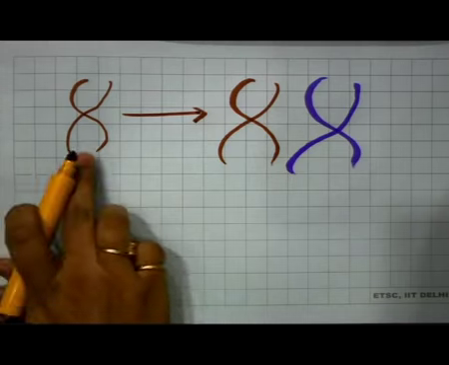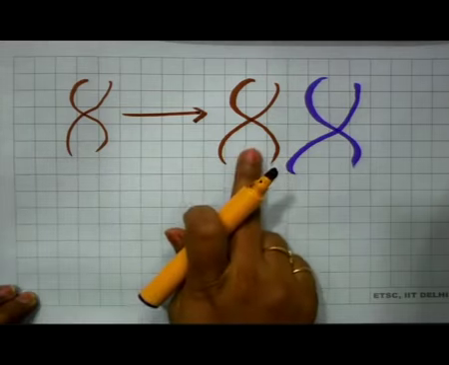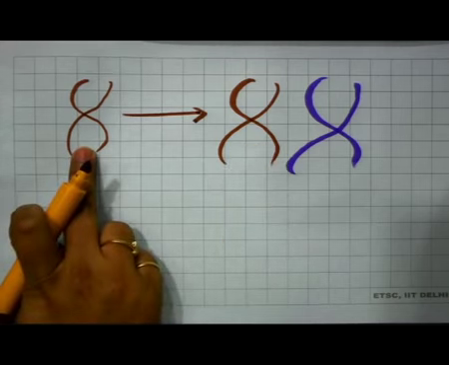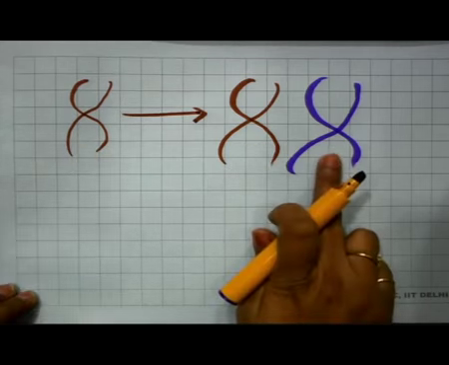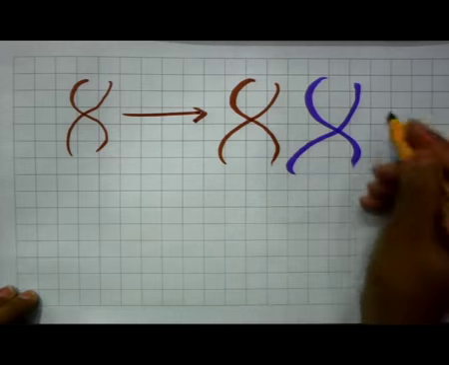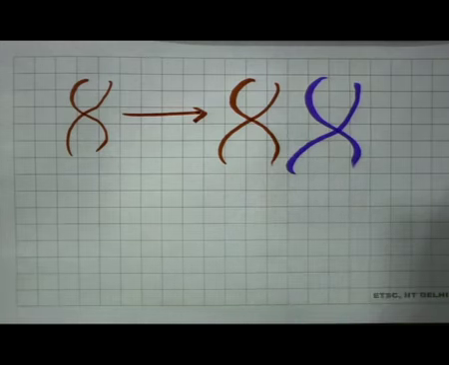You can see after replication one daughter DNA is exactly the same as the parental DNA and another daughter DNA is a copy of the parental DNA, and this is the conservative model of replication.